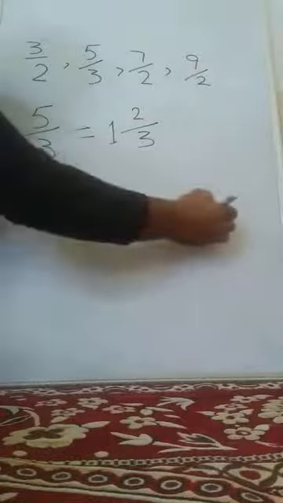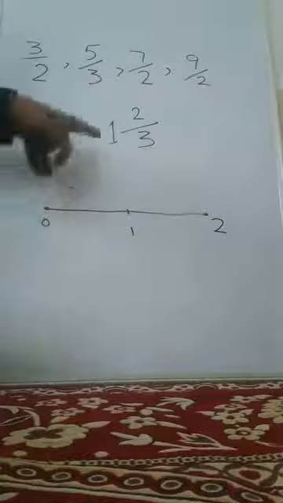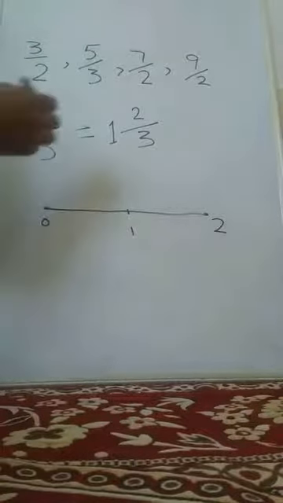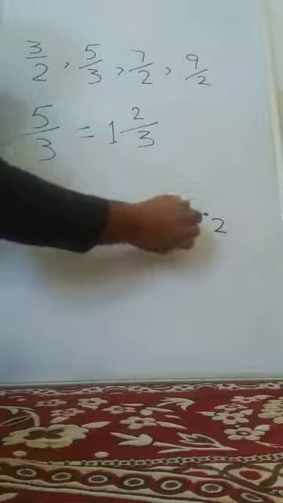Now let us plot this number on a number line. We have a number line, point 0, point 1, point 2. Point 1 is here. Now let us divide this part into three equal parts: 1 part, 2 parts, 3 parts.